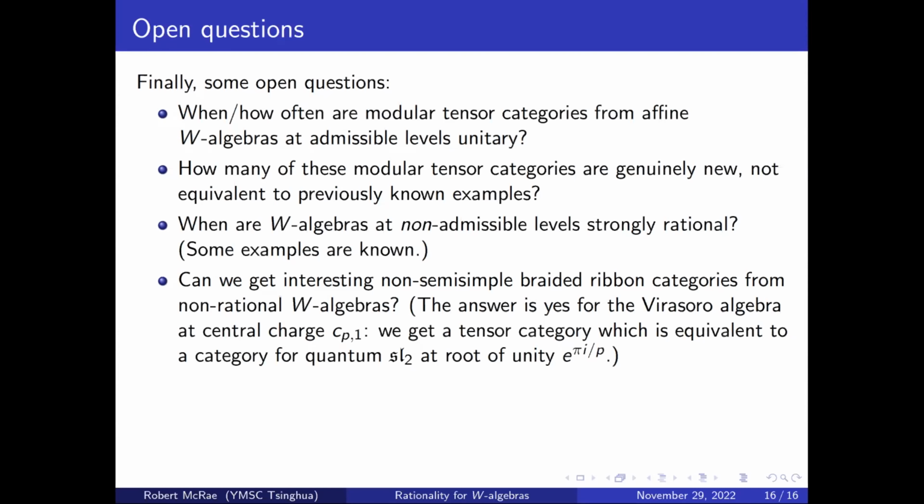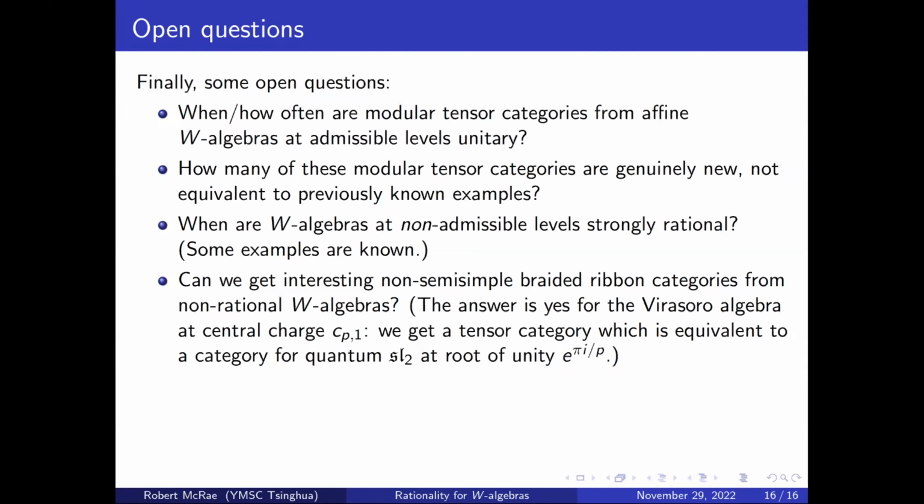Finally, most of this talk has been about rational VOAs, which have semisimple representation theory. But if you want to go beyond semisimplicity, you can ask whether you can get interesting non-semisimple tensor categories from non-rational W-algebras. There, the answer is also yes, at least in some cases. For example, for the Virasoro algebra, you can look at the c_{1,p} central charges.